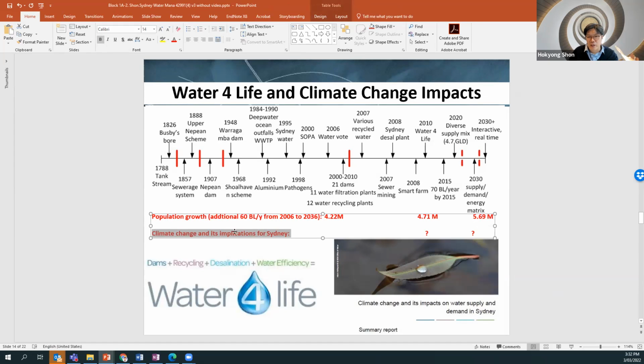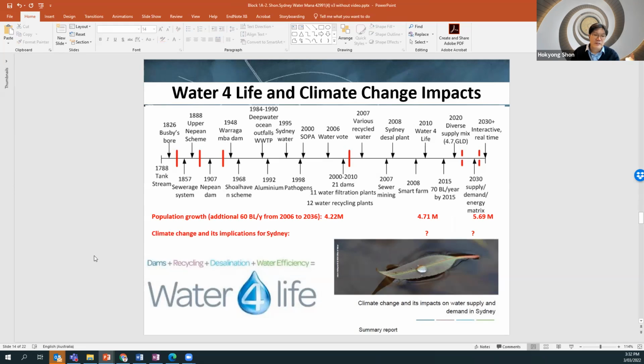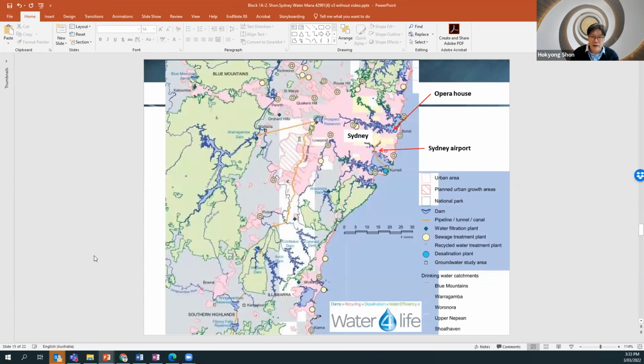So we look at more multi-source water resources: dam, recycling, desalination, and water efficiency, so that Sydney Water takes care of the water resources to ensure sustainable operation. That's how we operate this impact.